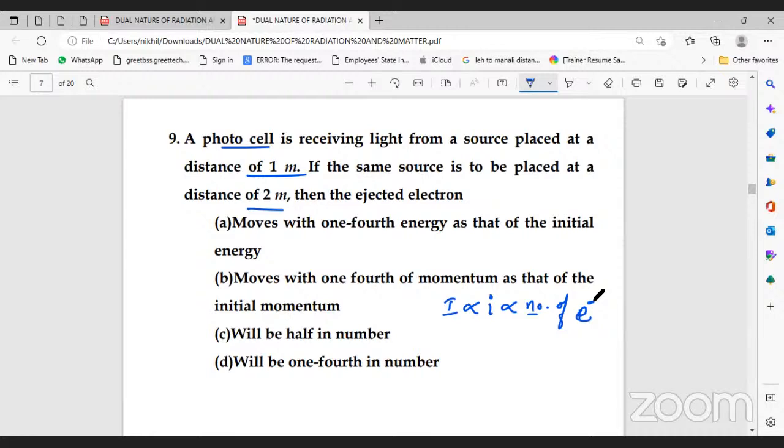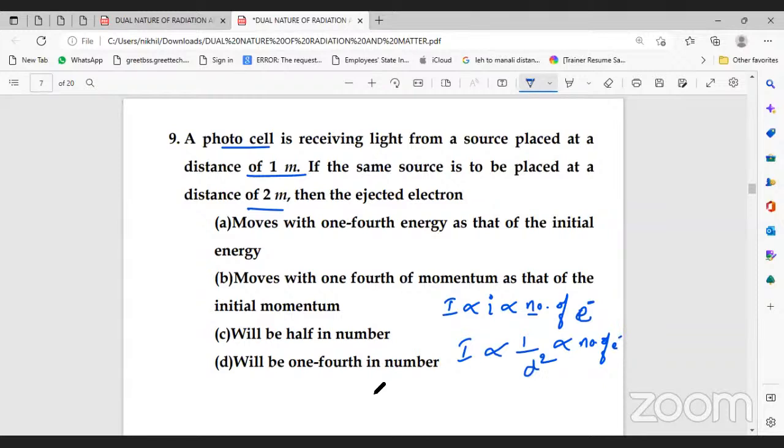And also remember, the intensity obeys the inverse square law, meaning it is inversely proportional to the square of the distance. If you move away from the source, the intensity of the light decreases. So intensity is directly proportional to the number of electrons.